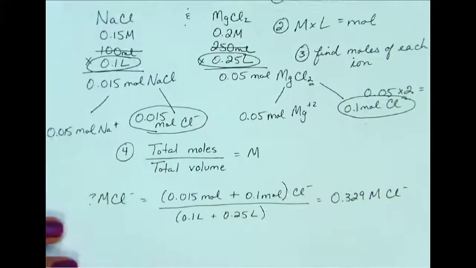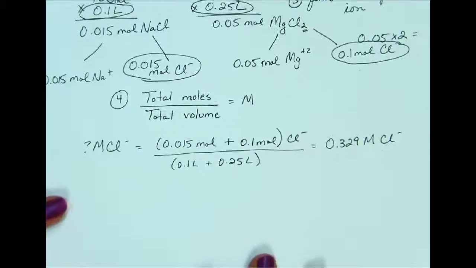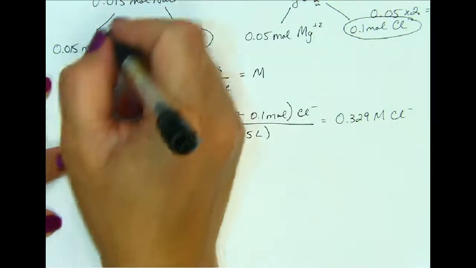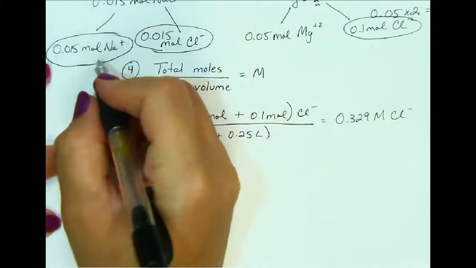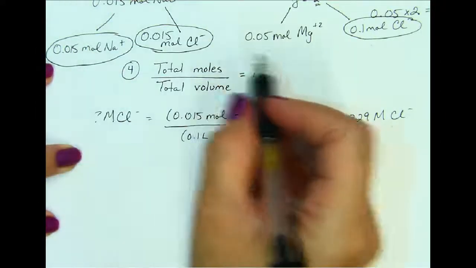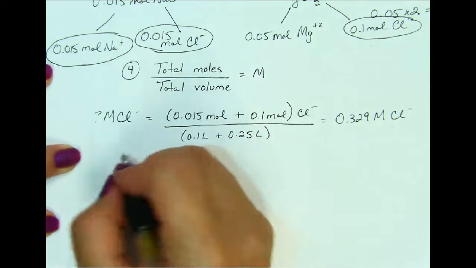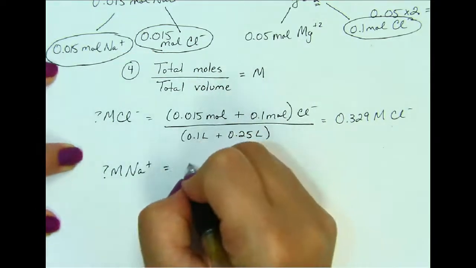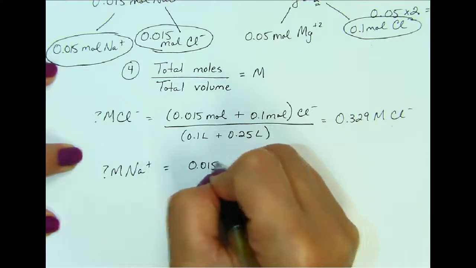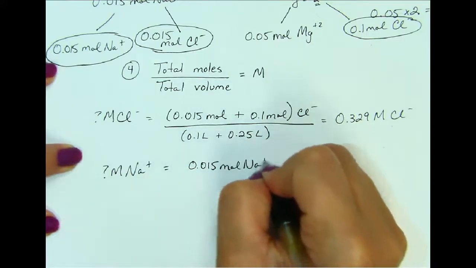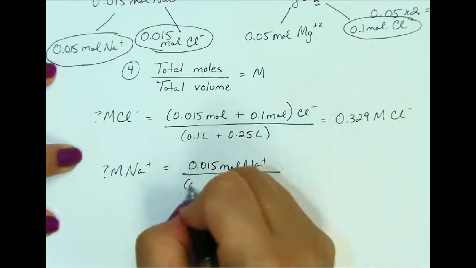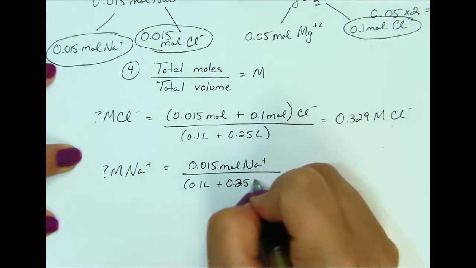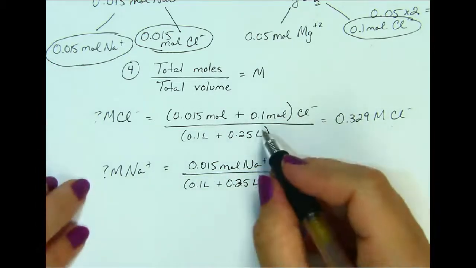So you can do this process for any of the ions that we figured out here. So maybe I want to know what is the concentration of sodium ions. Well, we only have sodium once here, and so I'm going to say question mark molarity sodium, and it's going to be the total moles, which is only 0.015 moles of sodium ions, divided by the total volume, which is the same as it was for chloride.